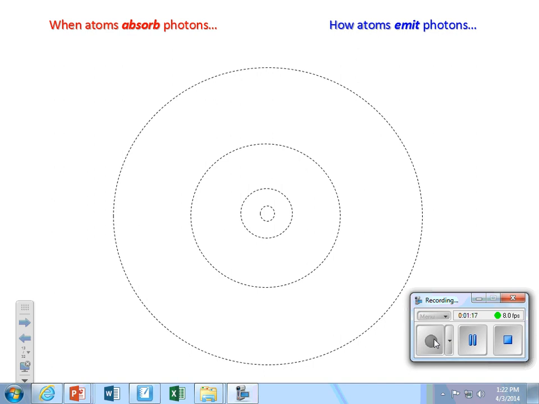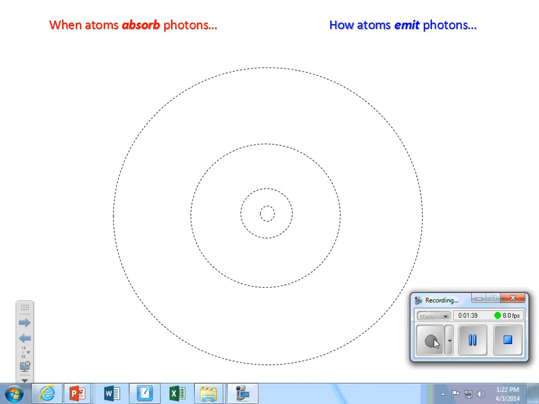And when Niels Bohr saw that hydrogen gas, for example, only kicked out very certain colors, he said, there must only be certain energies that are released from an atom. So from there he developed the idea that electrons can only be in very specific orbits.